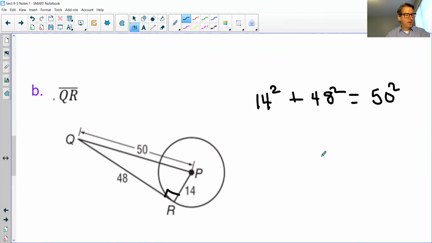And that is a Pythagorean triple. So this is a triple, 14, 48, 50. So this is a triple, and so we have ourselves a tangent. QR is tangent. Yes.